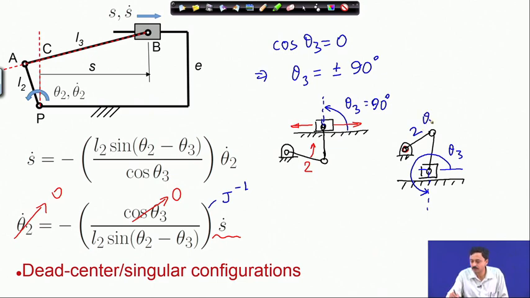So, theta 2 dot must necessarily be 0, irrespective of the motion of the slider. So, this is another configuration which is a singular configuration or a dead center configuration.